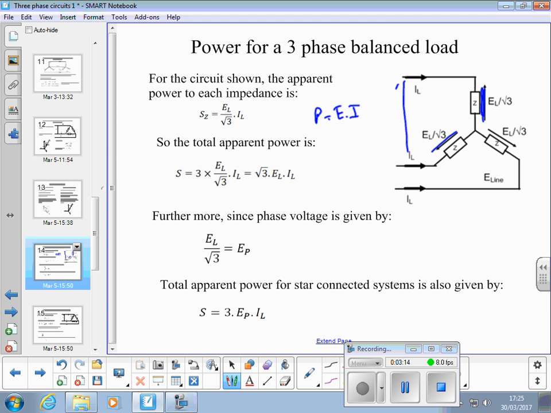If we look at it like that, we could apply that same rule to any one of these three loads, and therefore the total apparent power must be 3 times that. Everyone see that?